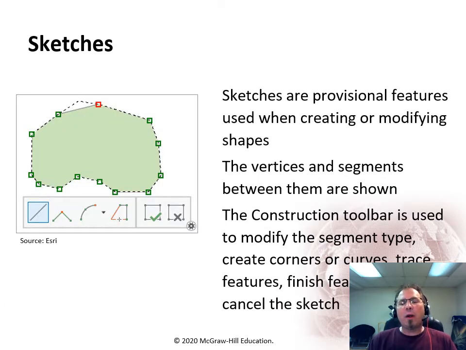Now, sketches are what they're called when you're actually going in and creating new features. Again, there are lots of tools to do this with. For example, you have the straight line tool here that's highlighted in blue. You have angles and curves and all kinds of stuff. A lot of times you're not going to use anything but that first one that I semicircled there.